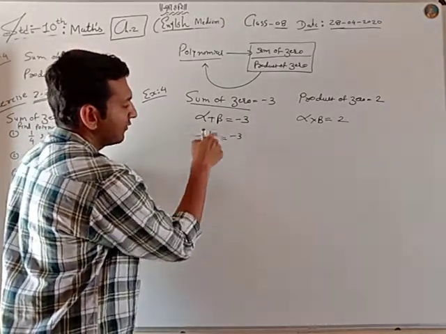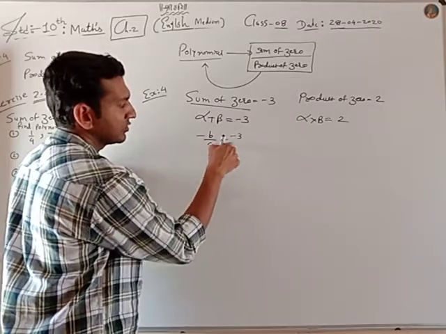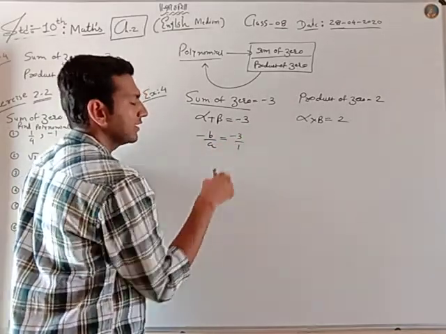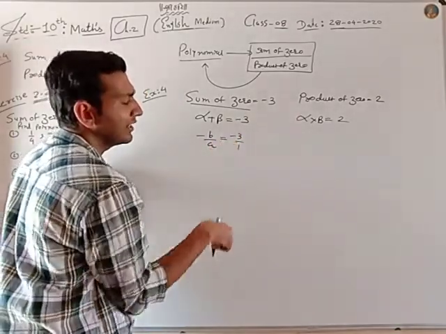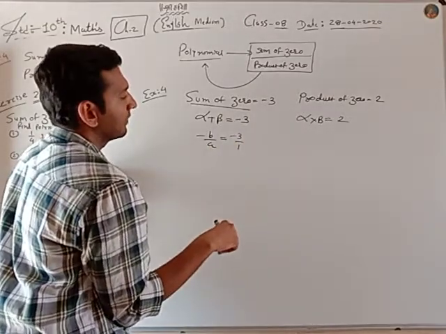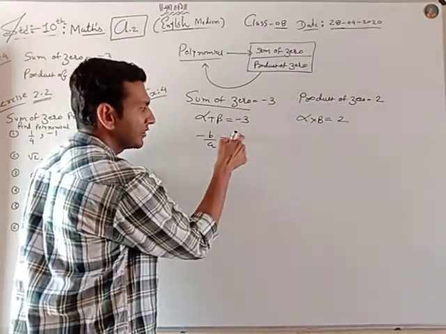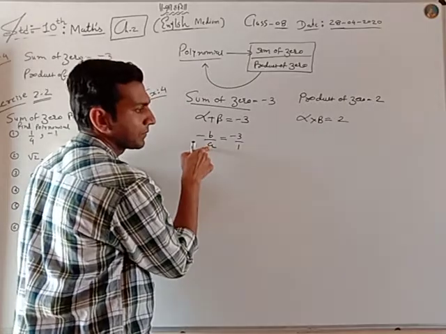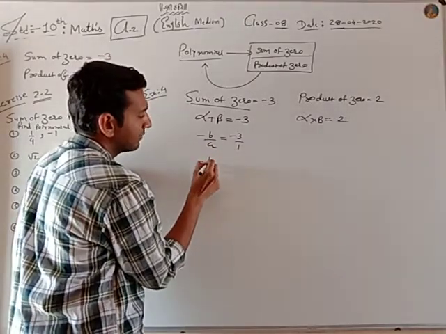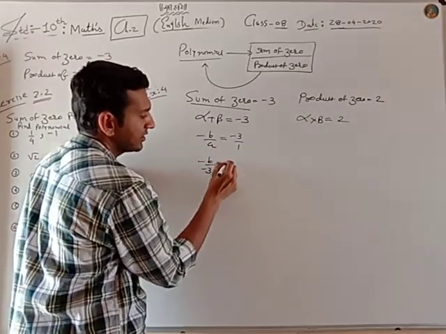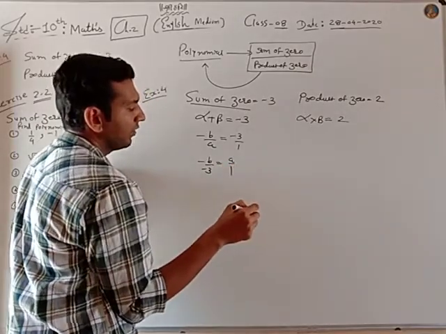The first term is in the form of a fraction, so write -3 as a fraction: -3 divided by 1. Now change the position of -3 and a, and you get minus b by -3, a by 1.